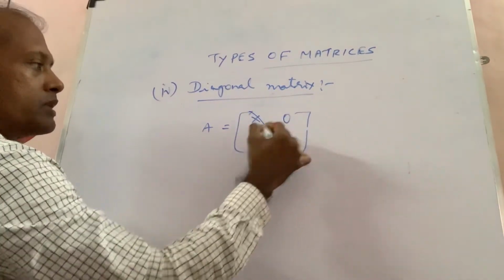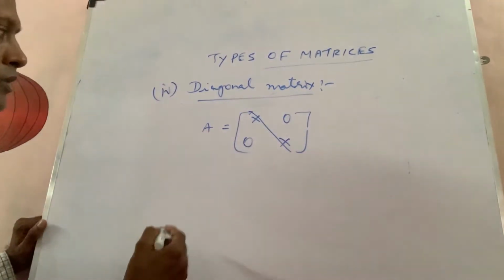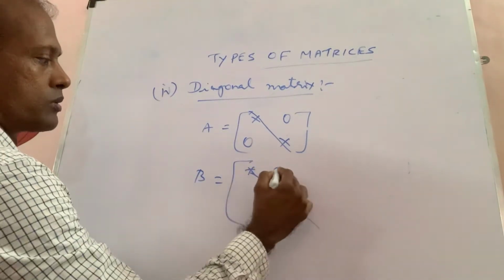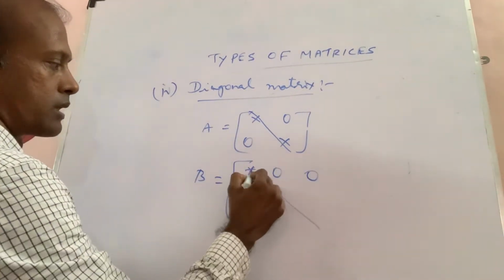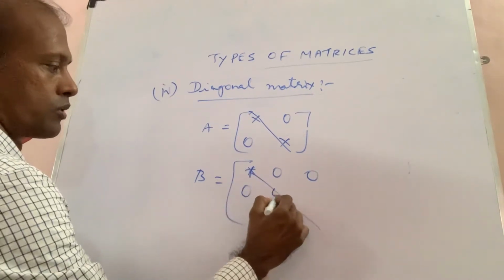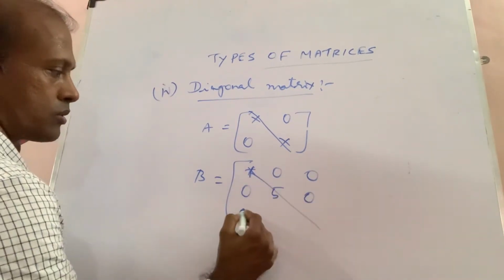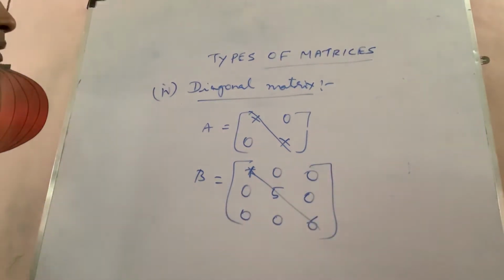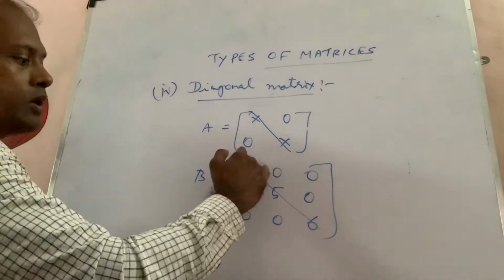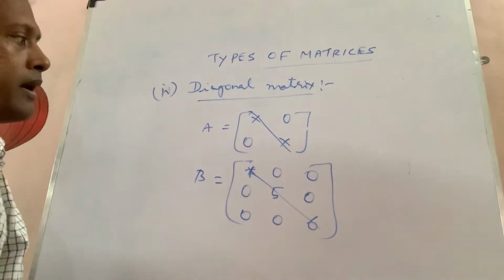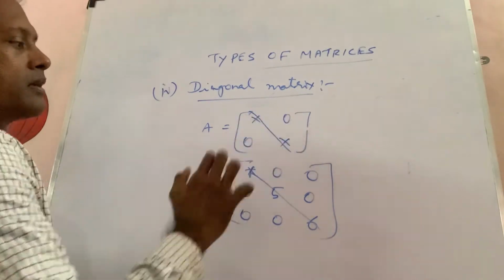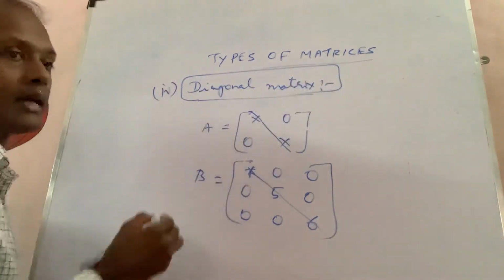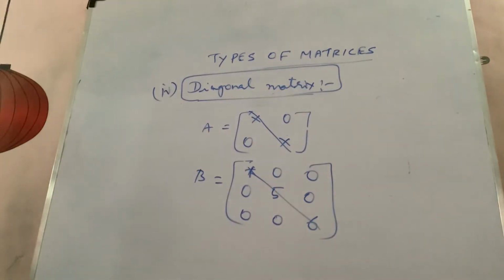So rest of the things will be 0, right? Let's take another example. So I have 1, 0, 0, 0, 5, 0, 0, 0, 6. The elements are only on the diagonal, okay? And the remaining elements other than the diagonal, if they are 0, then it is called a diagonal matrix. Understand? Yeah?